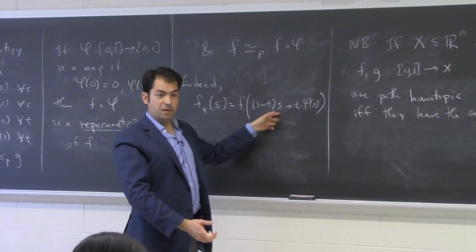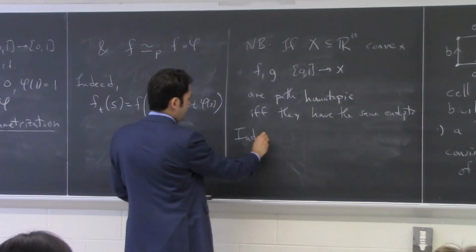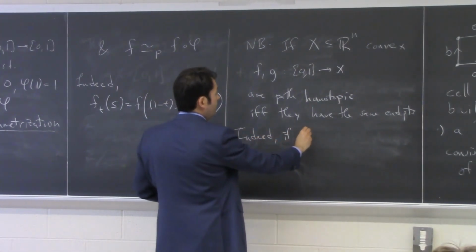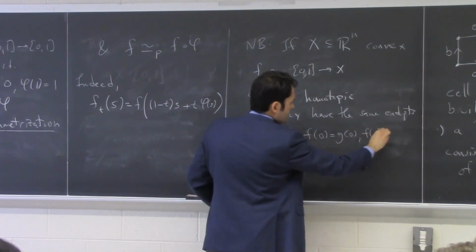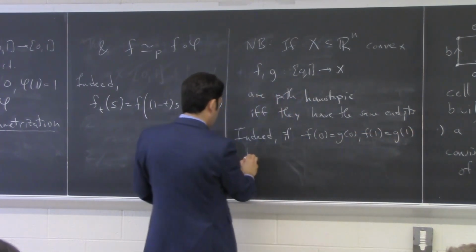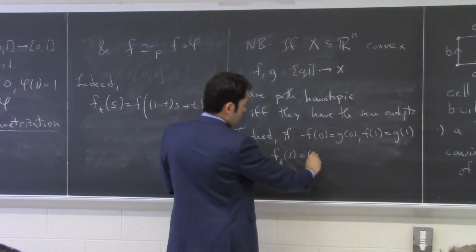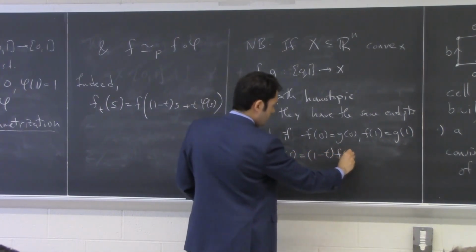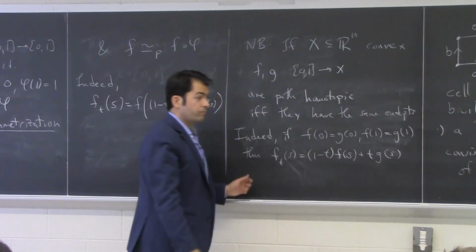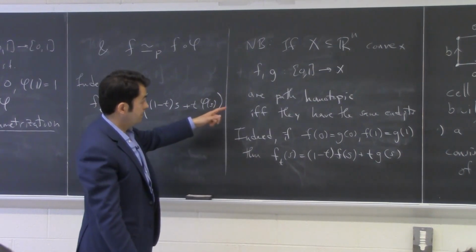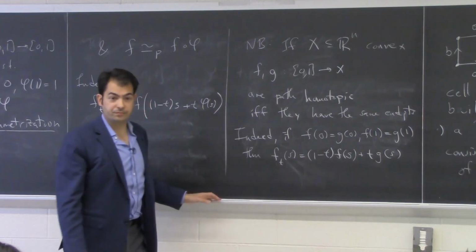And you can just take a convex combination to check that, right? So if you have the same endpoints, then this is a homotopy into X, because X is convex, right?